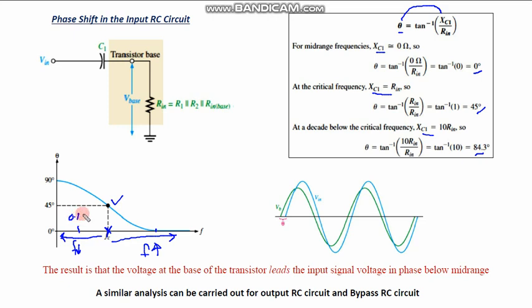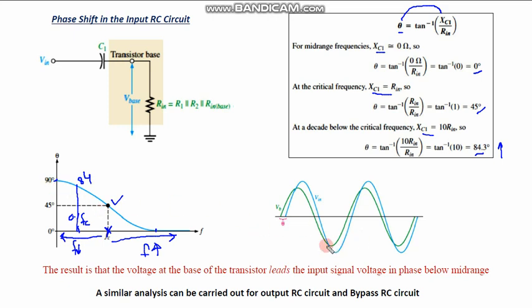If I further decrease the frequency, the phase shift will increase and go to 90. And this is positive, so we prove that the phase shift introduced is a leading phase shift.